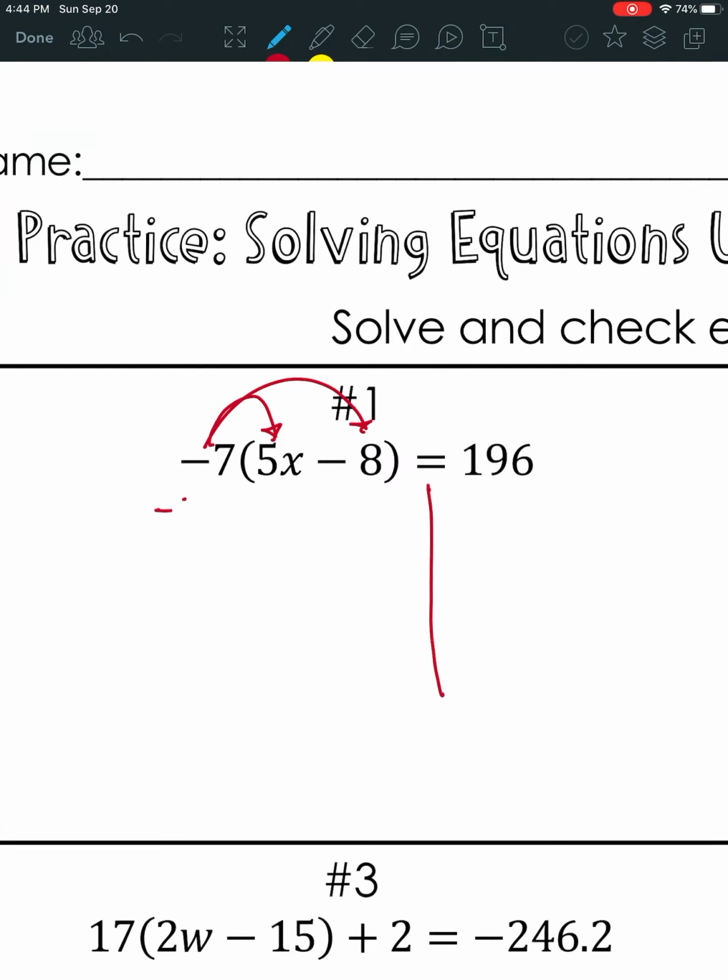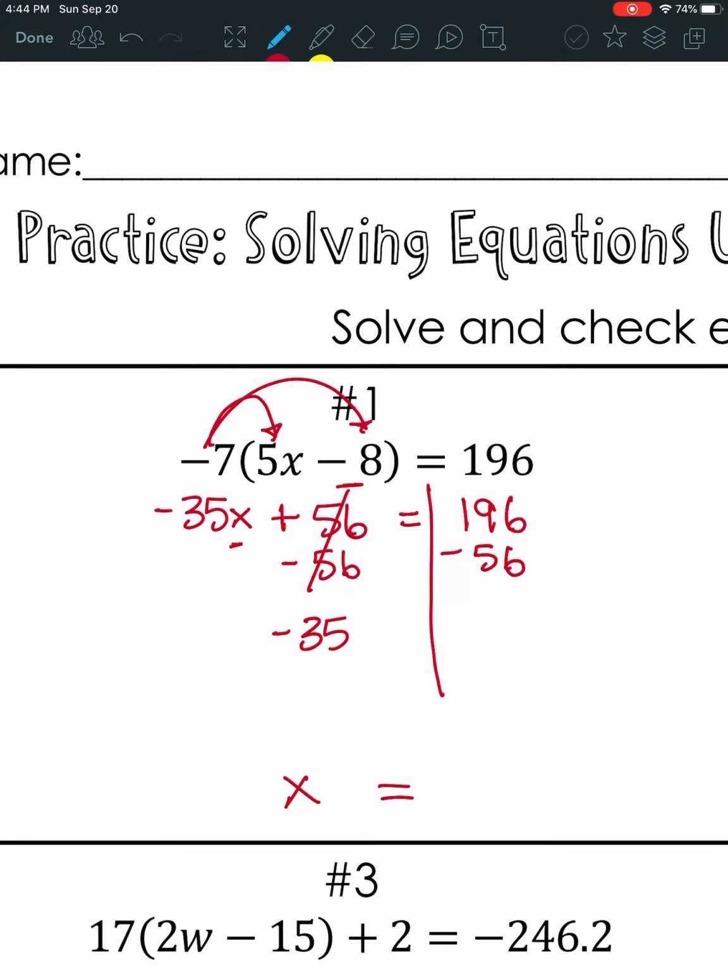So, first step, we see a number right up against parentheses. We want to distribute that negative 7. So negative 7 times 5x, we get negative 35x. Now a negative 7 times a negative 8, notice there's a minus in front of that 8, so this is going to switch to plus 56. And that equals 196. And then our goal is to get x by itself. So we will subtract 56.